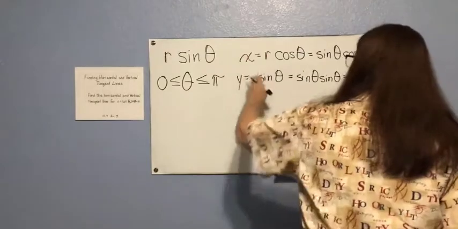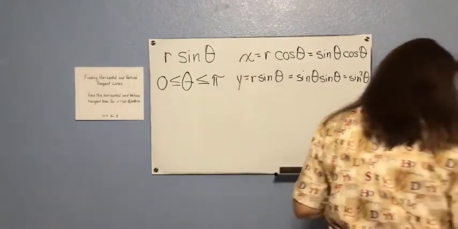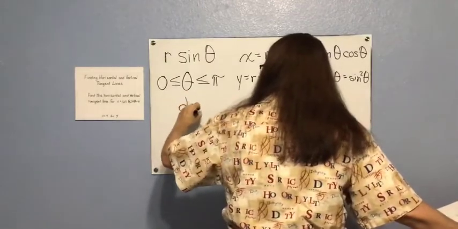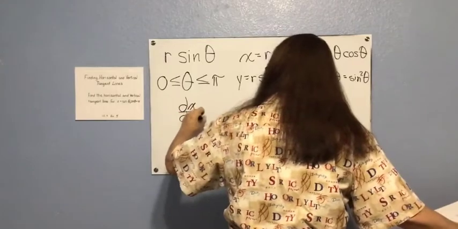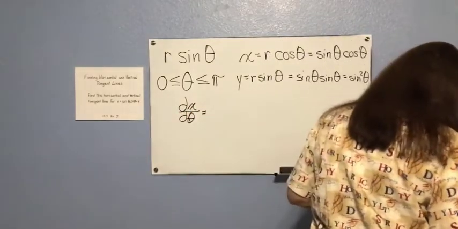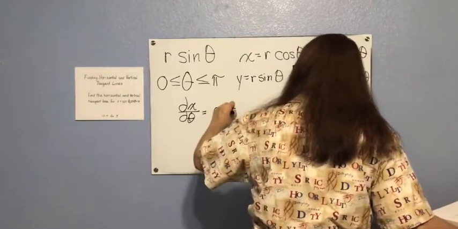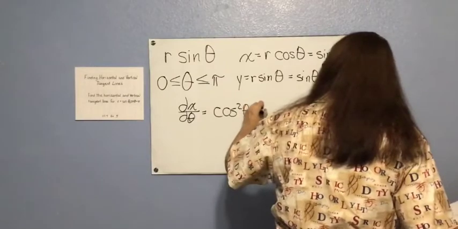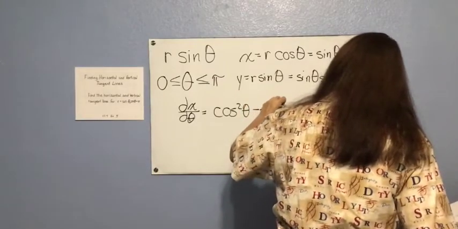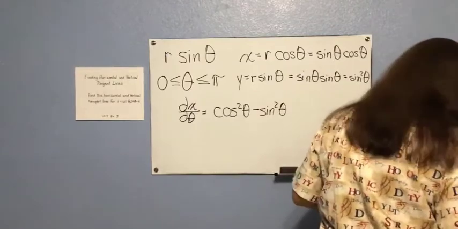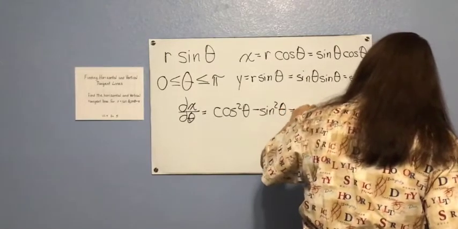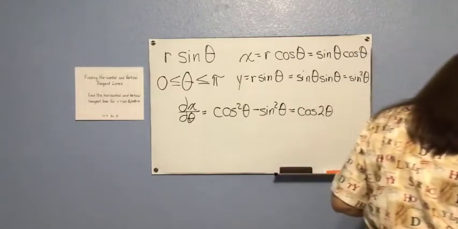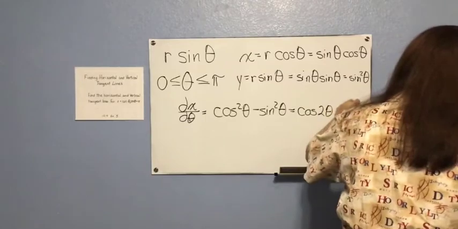Now we're going to differentiate with respect to theta. So dx d theta is going to be cosine squared theta minus sine squared theta, which we can write as cosine of 2 theta, which is 0.